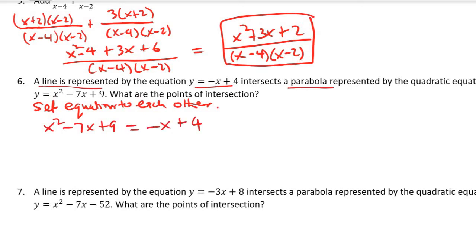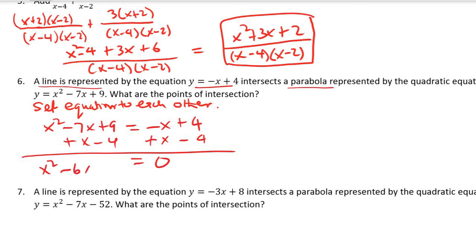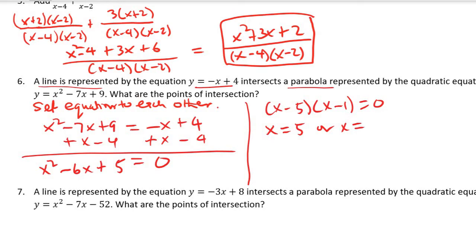Which you can actually move all the x to one side and the numbers away, and then you're going to get x squared minus 6x plus 5 equals 0. So you can factor this: (x minus 5)(x minus 1) equals 0, x equals 5, or x equals 1. But you are not done.